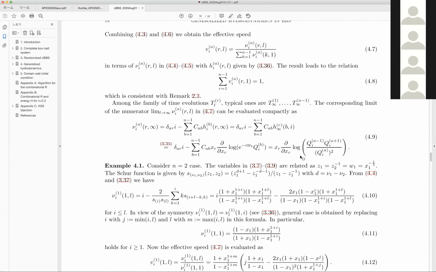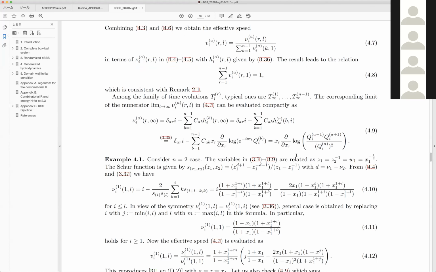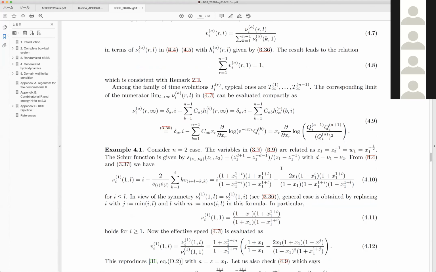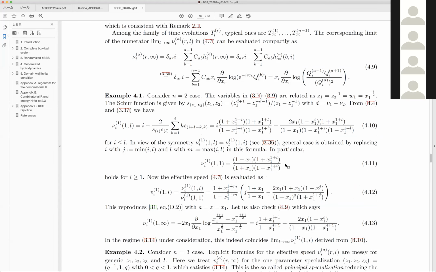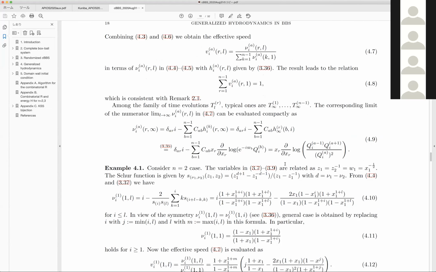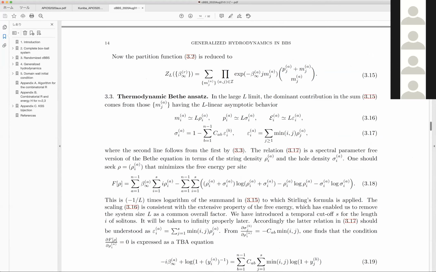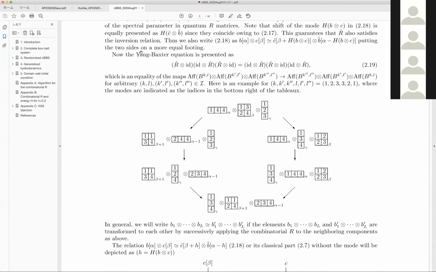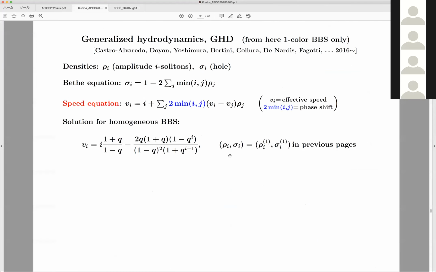It's expressed by the logarithmic derivative of the Q functions, and in general it is expressed like this. So the general result is some logarithmic derivative of the deformed Q character or something like that. Yeah, quite complicated, but kind of interesting. So this is the simplest case example.